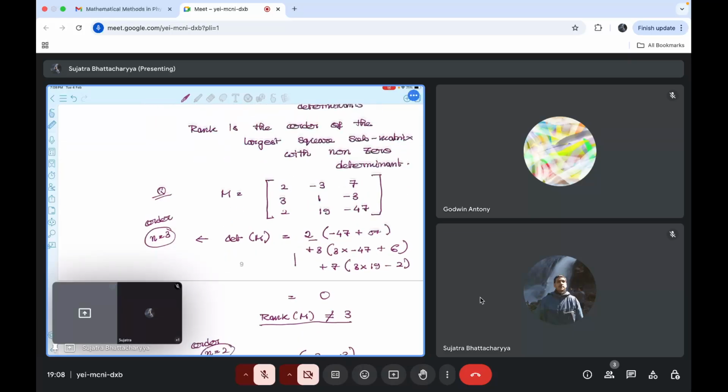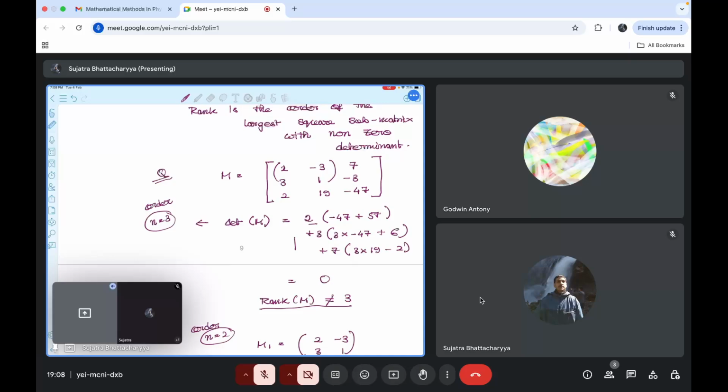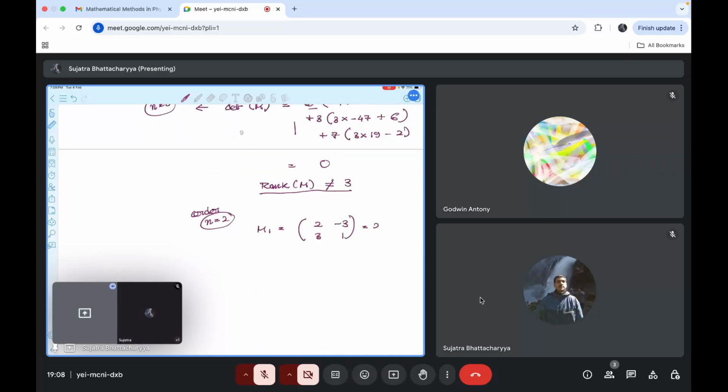Right? This one. Let's take this matrix first. So it will be 2 minus minus plus 9, so it will be 11, which is not equal to 0. Even if any of the other submatrices is 0, the rank cannot be 2. So you have to check each and everything.